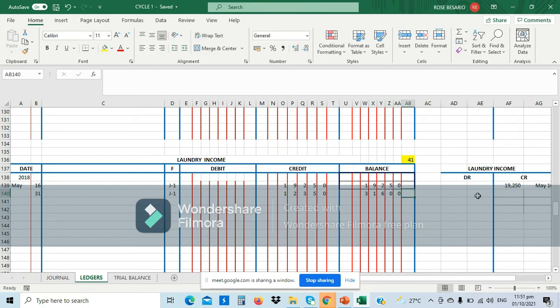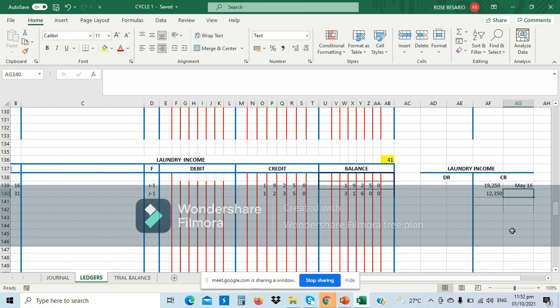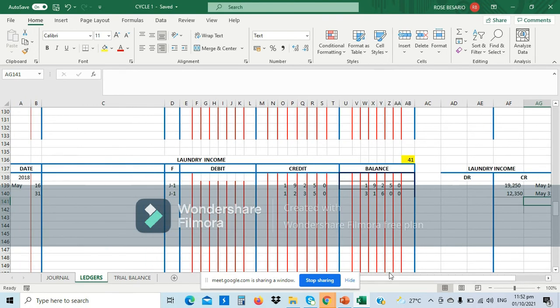And then in your laundry income T account, you should post there 12,350. So this is May 31. Okay, then go back to your journal.